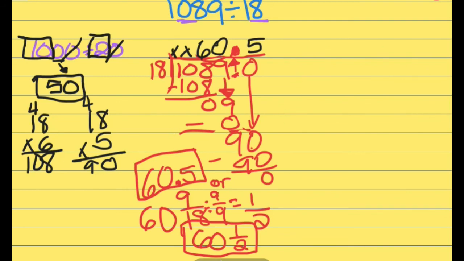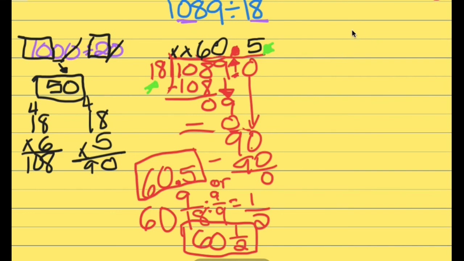Okay, so level 3. We need to make sure that we multiply our quotient right here by our divisor, which was 18. So 60 and 5/10 times 18. I'm going to write it over on the right.